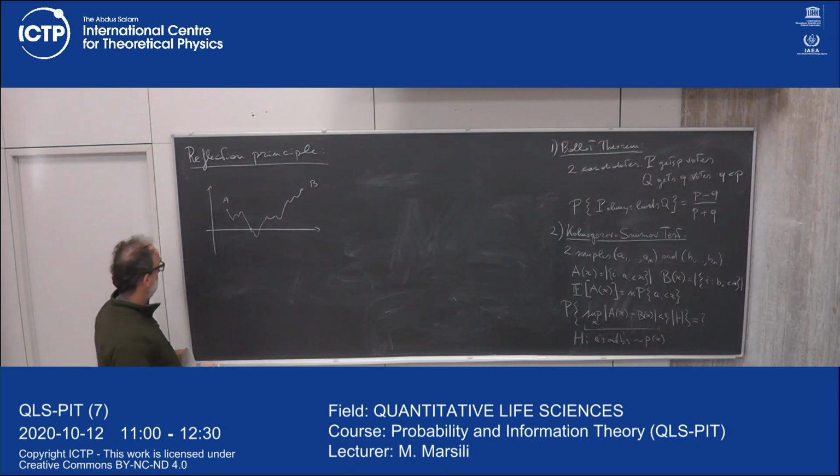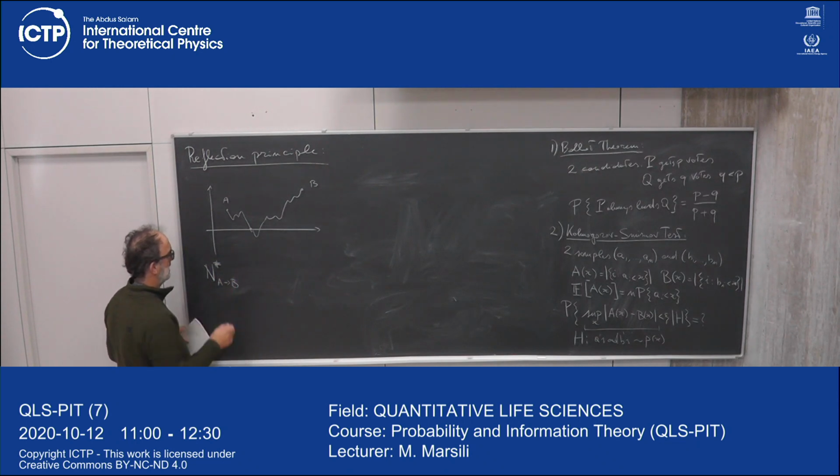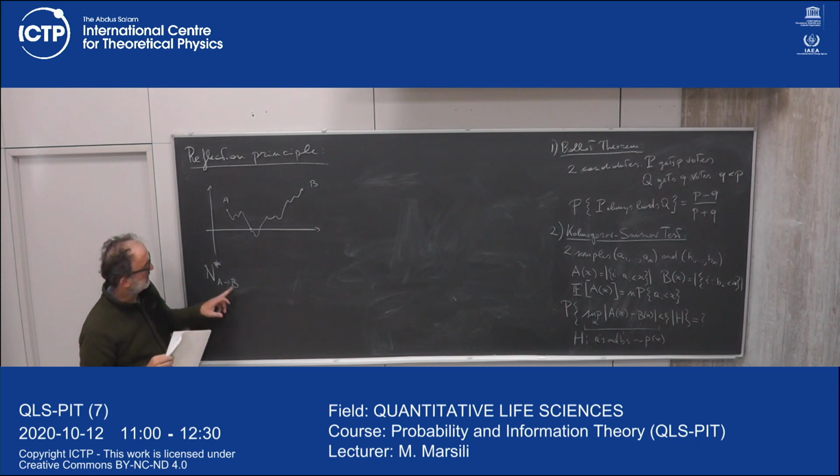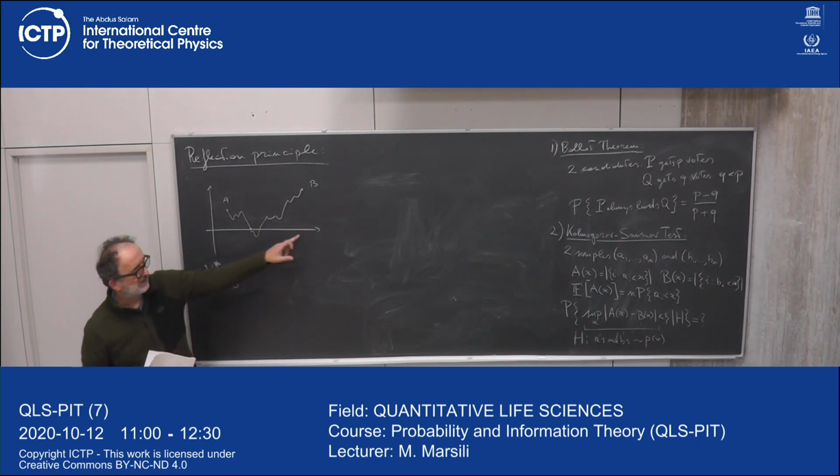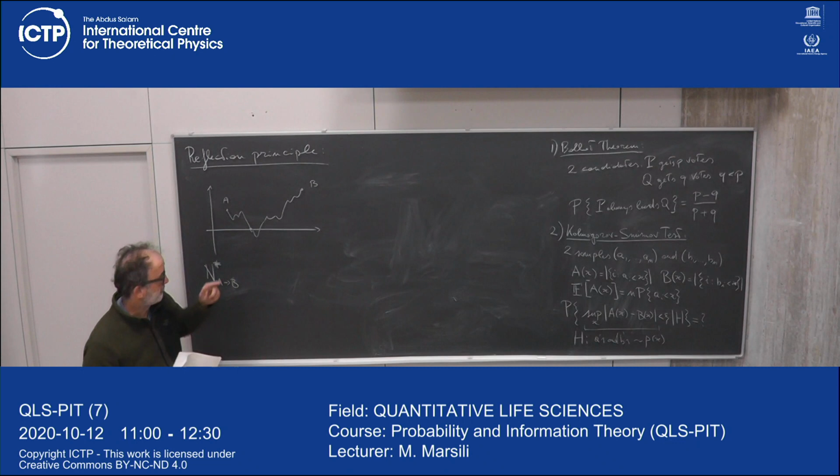So let's call this the number of paths that go from A to B crossing the t-axis, okay?